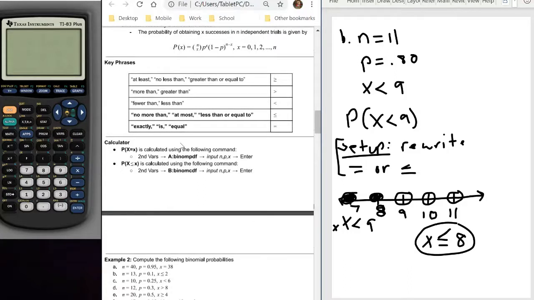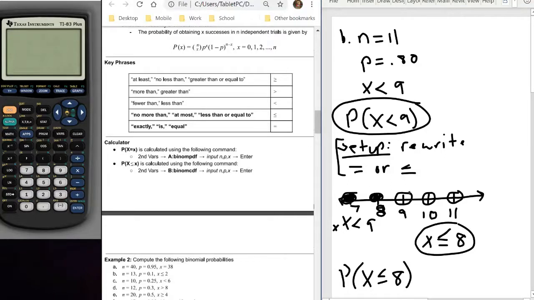So when we're looking for the probability of x being less than 9, that's equal to the probability that x is less than or equal to 8. All we did was write the number line and fill in what x less than 9 looks like, and this number line applies to this one as well.